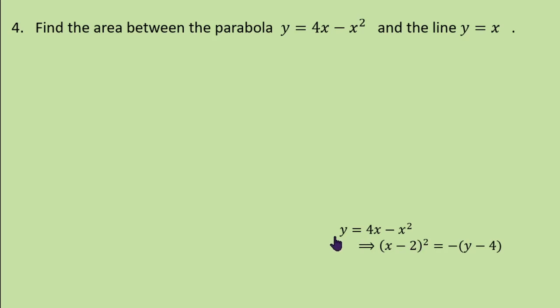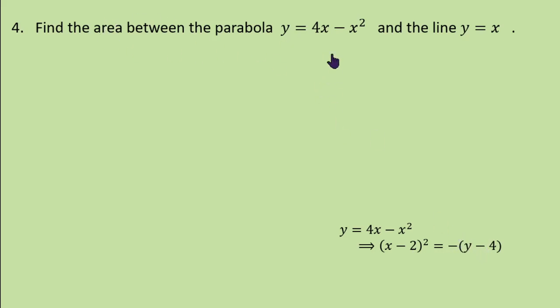Therefore on the right side also add 4. That means here, when you take this right side, minus y plus 4, or minus of (y minus 4). Now this parabola opens downwards, because here 4a is minus 1, and the vertex is (2, 4).